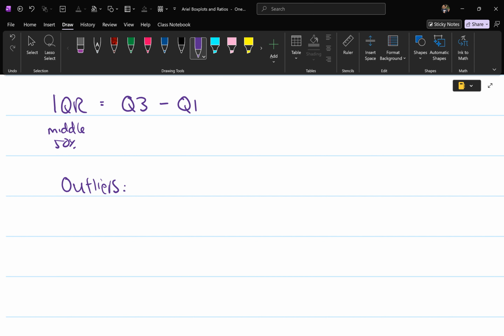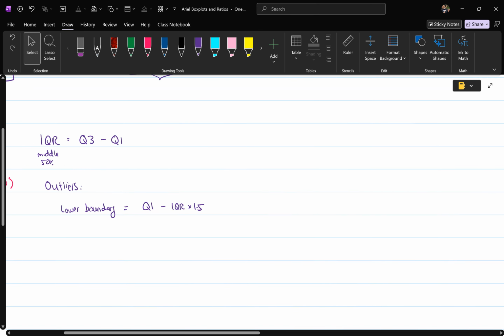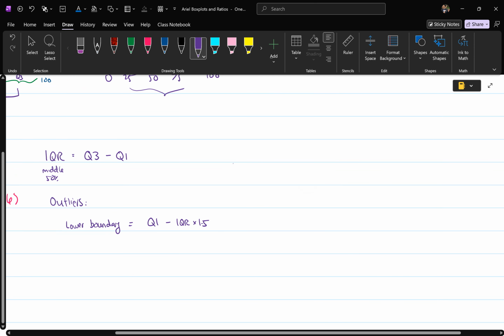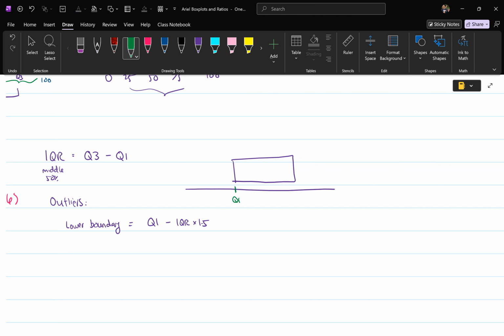For this one, you should write down lower boundary, which is equal to Q1 minus IQR times 1.5. What that basically means, as we were talking about just now, is that Q1 is the 25th percentile and Q3 is the 75th percentile.